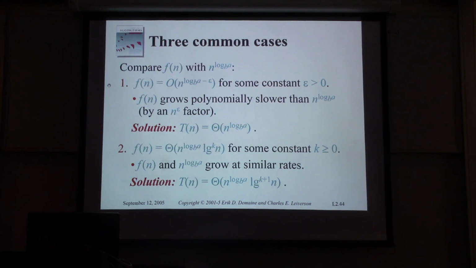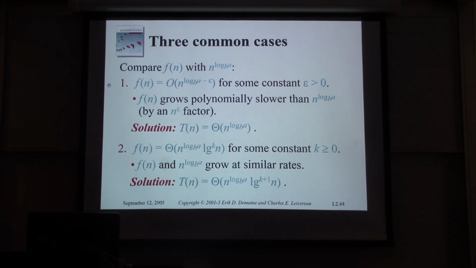Let me explain that. We know this is n to the log b of a, and we will know very shortly what that is. That is not a magic thing. I didn't just make it up. People at MIT didn't just make it up. We're going to find out exactly why they're using it. And we're multiplying by lg to the k of n.